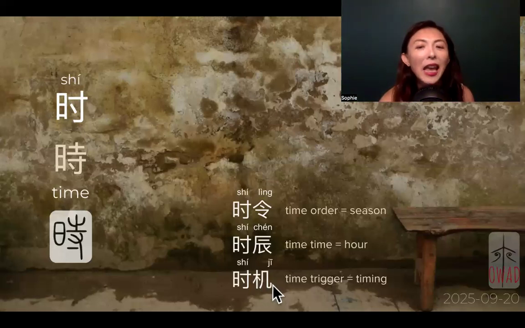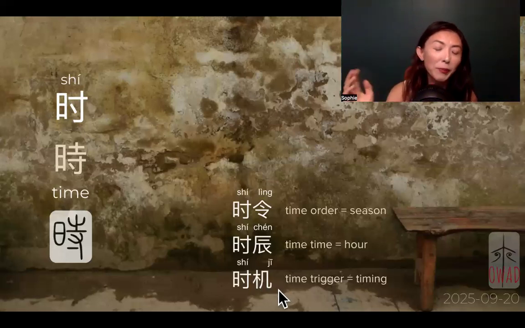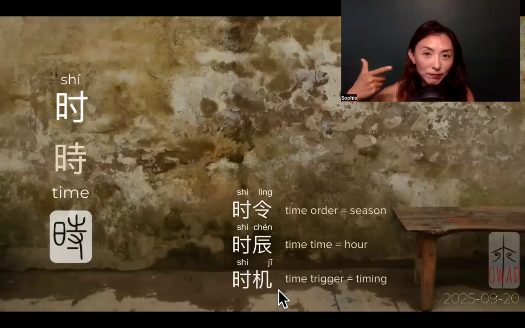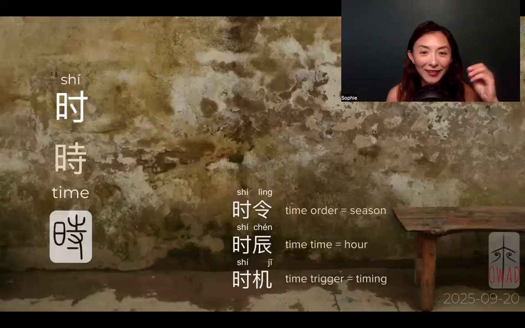Okay, 时机, 机 means trigger, and that comes from bow and arrow era, that when you trigger it, that's the moment you release. Is supposedly the killing moment. So the right timing to pull the trigger, and that combination becomes a timing equivalent.